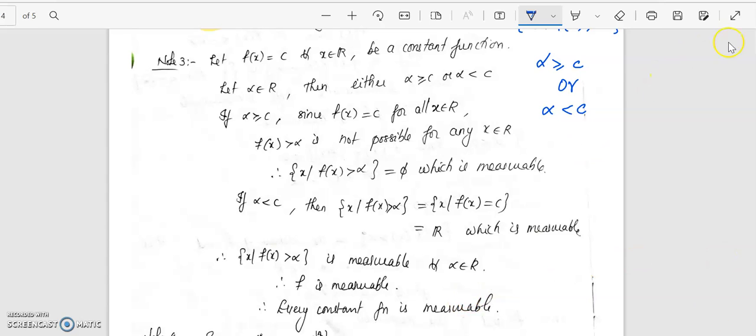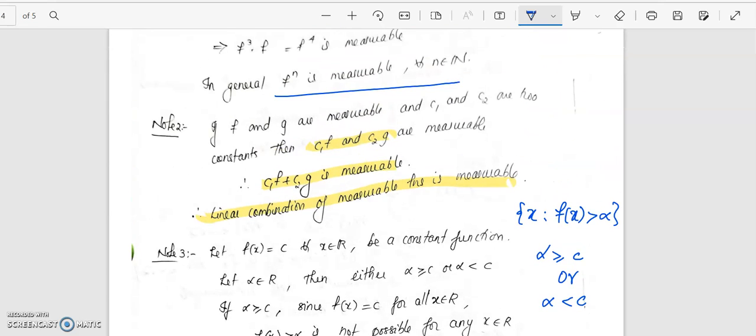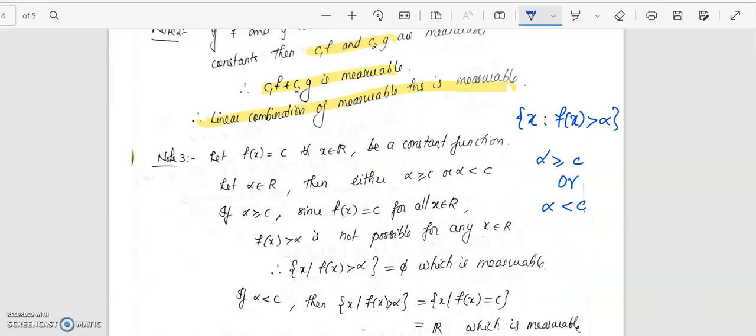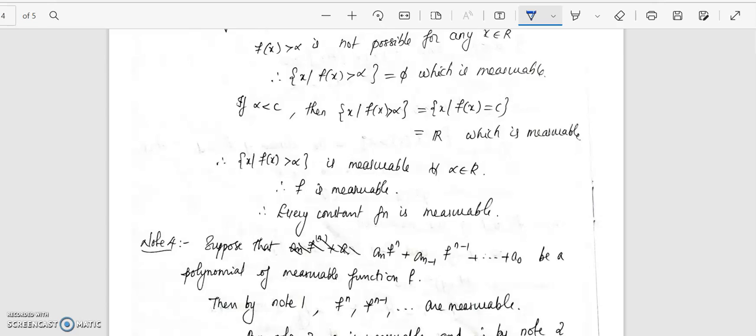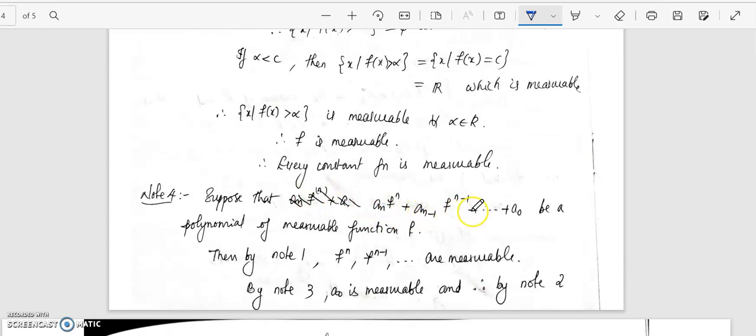Now we have seen two properties. One, f raised to n: if f is measurable, then any power of f is measurable. Similarly, when you take a linear combination of two measurable functions, that is again measurable. So combining both the results, when you take a polynomial in terms of f, a function of the form a n f raised to n plus a n minus 1 f raised to n minus 1 plus etcetera, plus a naught, this is a polynomial function in f.